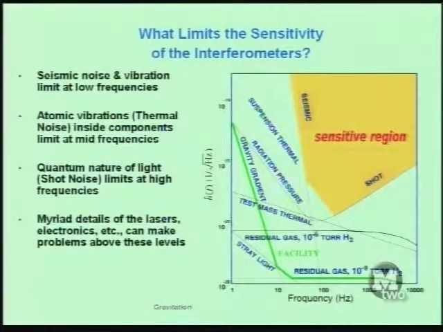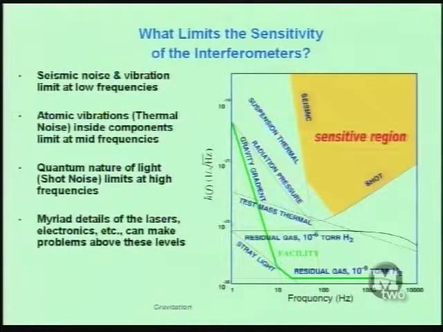Okay, so what are the limitations on what you can measure with one of these interferometers? At very low frequencies, we're limited by seismic noise. These ordinary vibrations in our environment. So right here we have what's called the seismic wall. This plot shows you the strain sensitivity in units of strain per root hertz, strain per square root of hertz. That's an odd sort of unit, but it's actually appropriate when you're dealing with noise processes like what we have to worry about in these detectors.